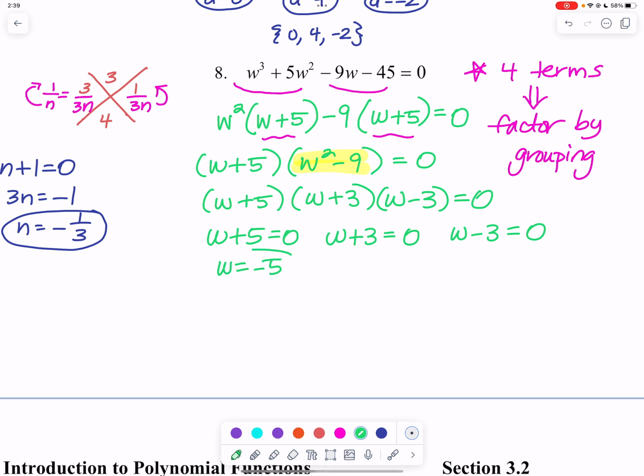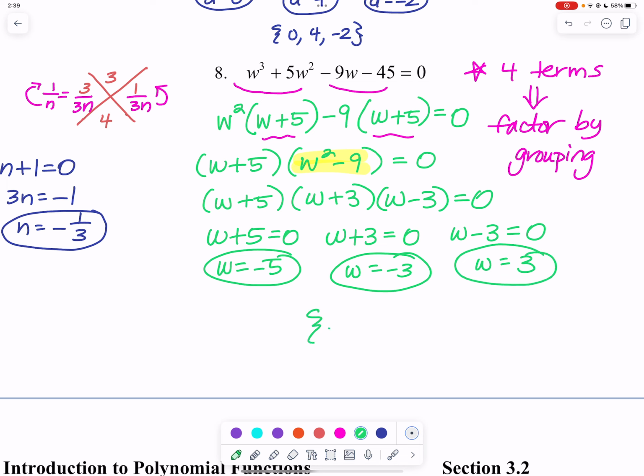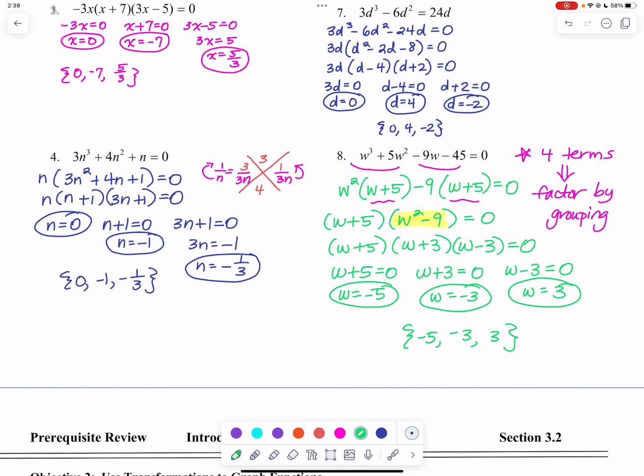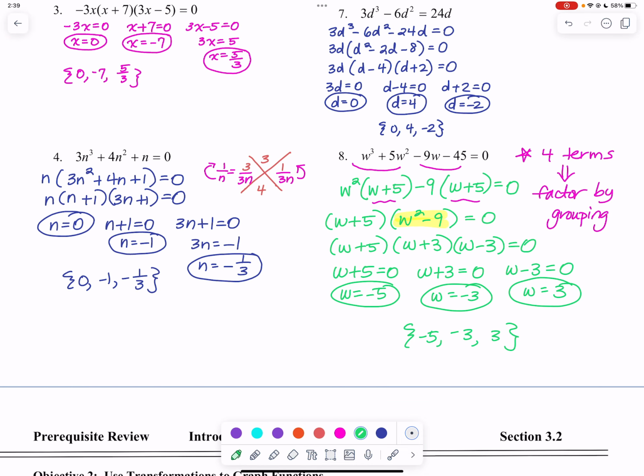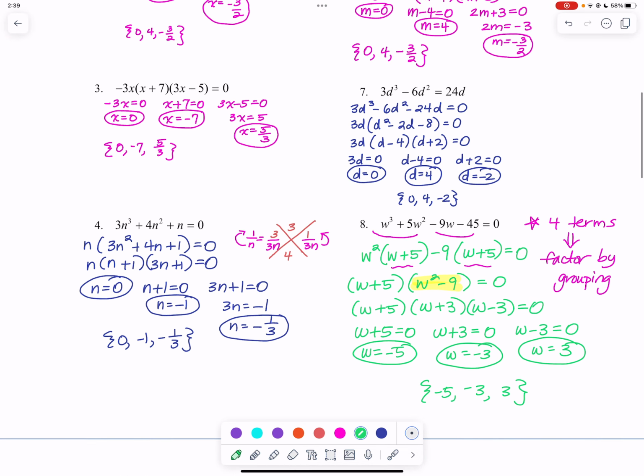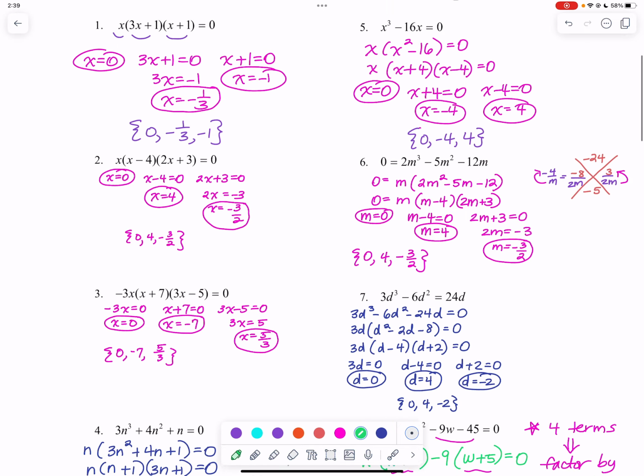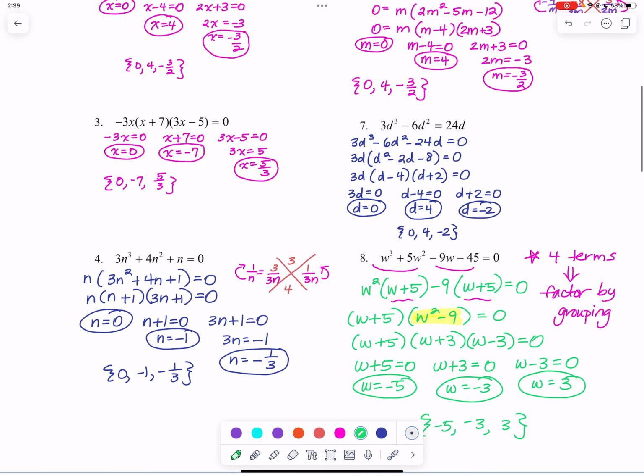Subtracting 5 from both sides, subtracting 3 from both sides, and adding 3 to both sides. And our solution set is -5, -3, and +3. So quite a lot of work here, lots to do, lots of factoring.